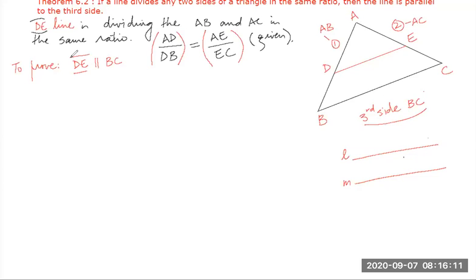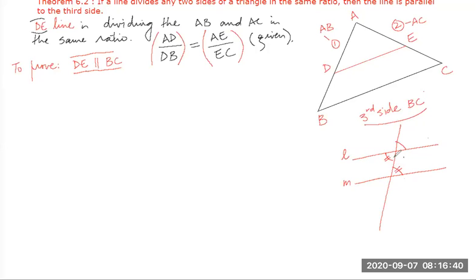Now students, we had previously learned how we can prove that two lines are parallel. Two lines are said to be parallel if you draw a transversal intersecting both the lines, and if you can prove that any of these corresponding angles is equal, it is proven that lines L and M are parallel. You can also prove that these two angles are equal.